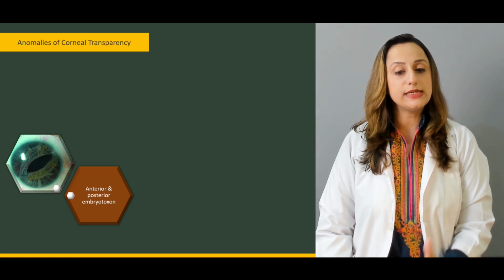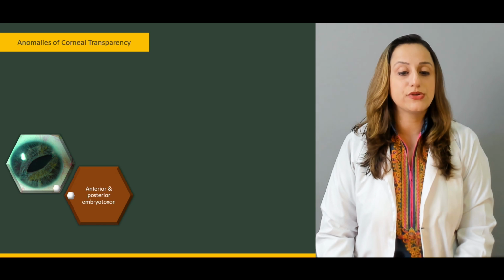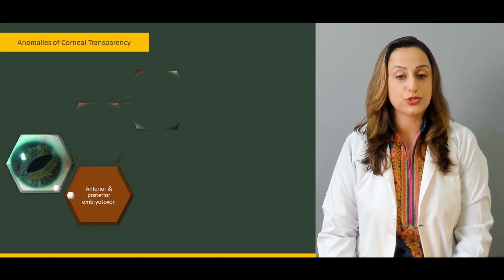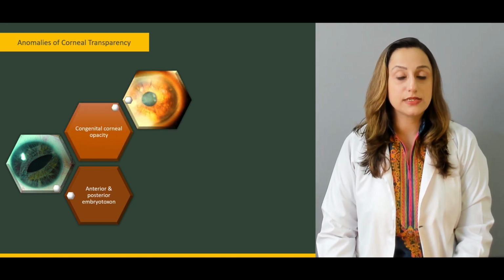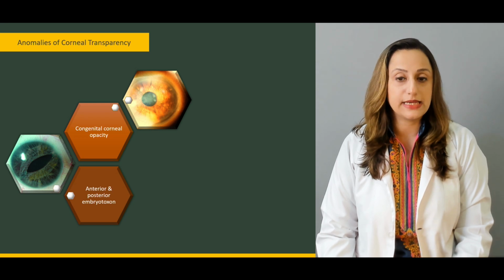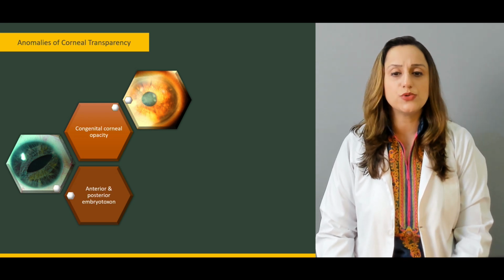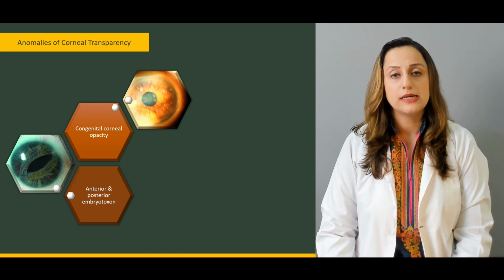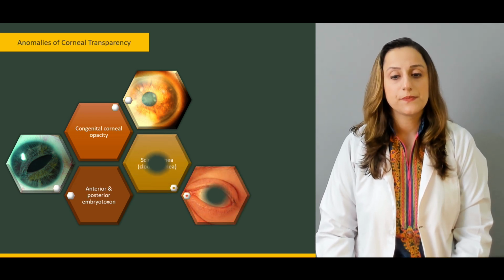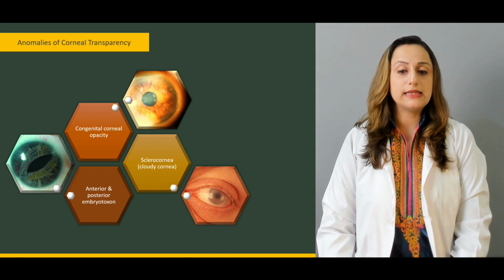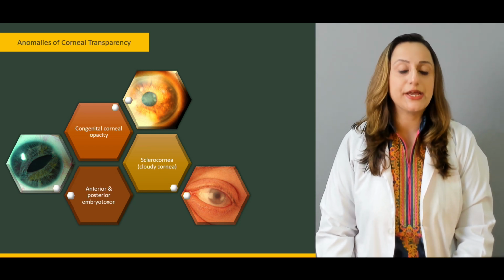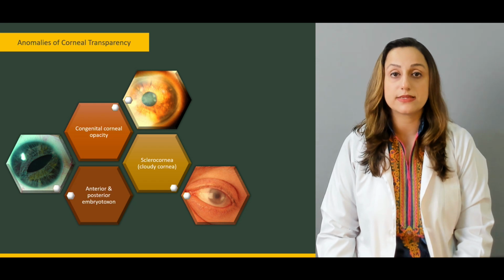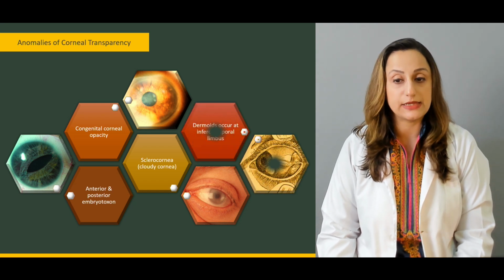There would usually be this condition known as anterior and posterior embryotoxon. Then the congenital corneal opacities that are sometimes present can be due to a lot of reasons. They can be due to infections or trauma that occurs during birth. Then the child may also present to you with sclerocornea, which is also regarded as a cloudy cornea observed in infants.